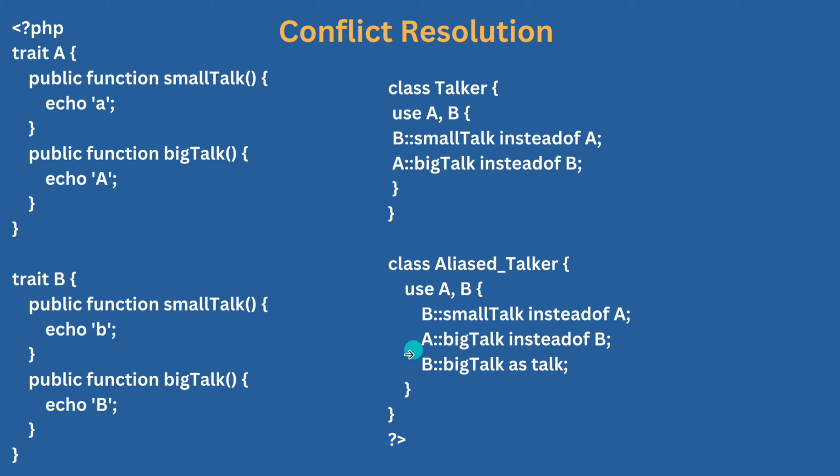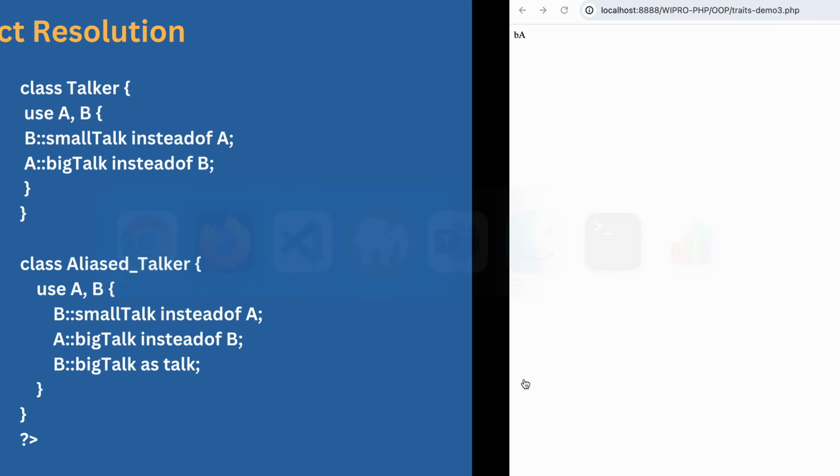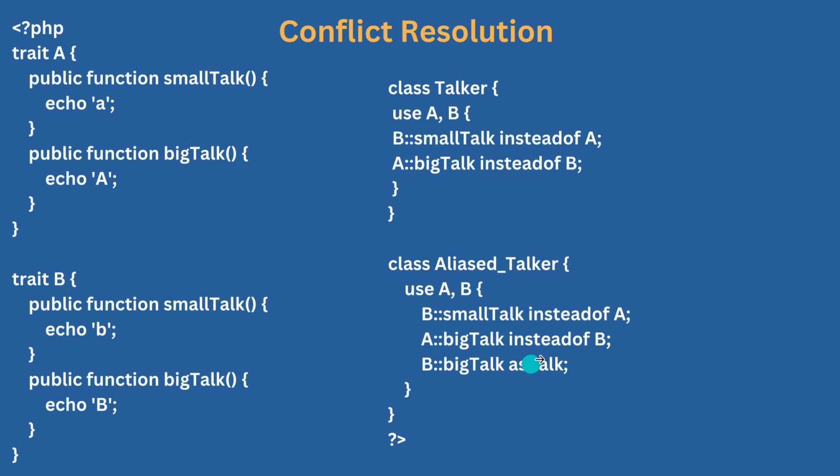But if I have to call B big talk also, how can I do this? I have to use alias, right? So alias, yes. Here you can use like this: B colon big talk as B talk. So now you are able to call this one by alias.